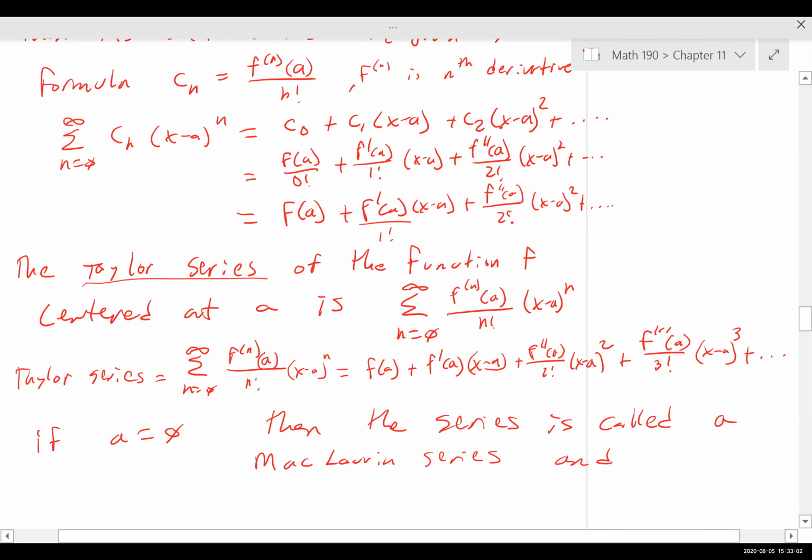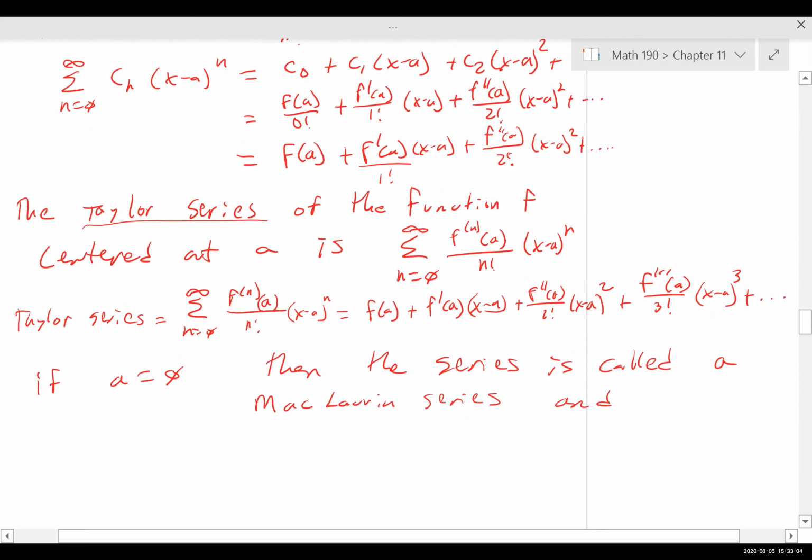And it becomes the following: the summation of n equals 0 to infinity of the nth derivative of f at 0 over n factorial times x to the nth. So we're just centering it around 0.